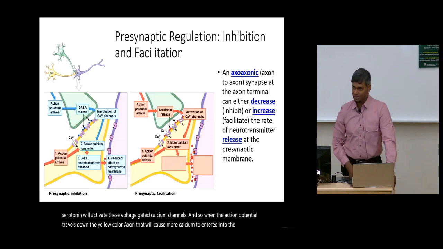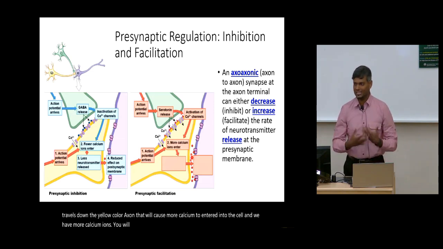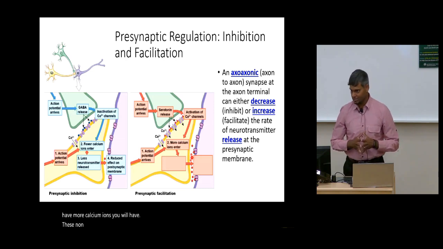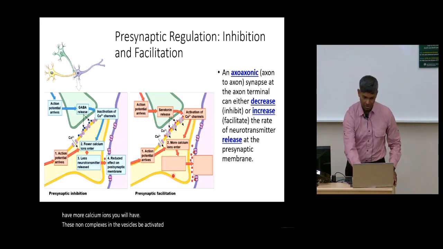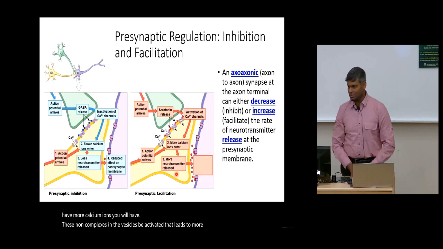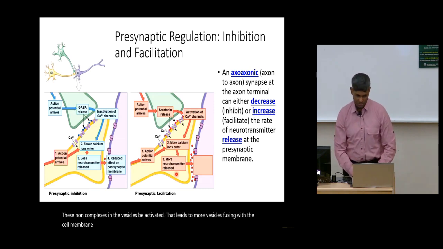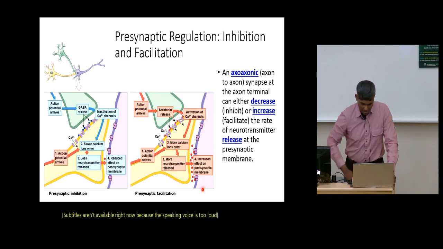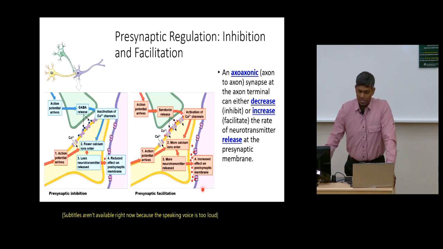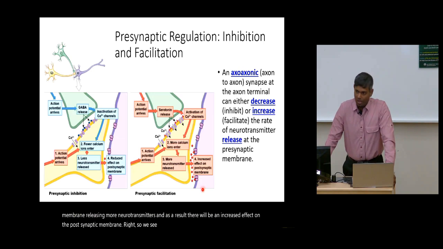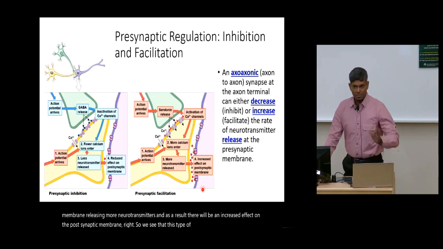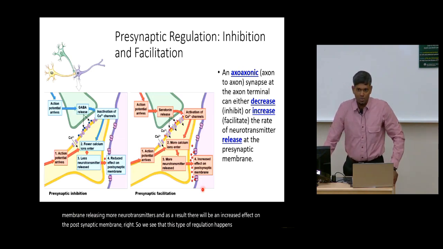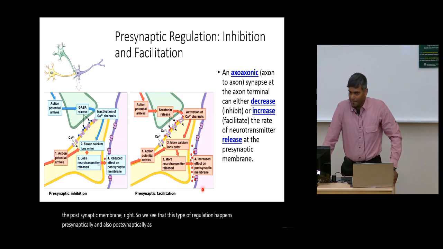When you have more calcium ions, more of the SNARE complexes in the vesicles are activated. That leads to more vesicles fusing with the cell membrane, releasing more neurotransmitter, and as a result there will be an increased effect on the postsynaptic membrane. So we see that this type of regulation happens presynaptically and also postsynaptically.